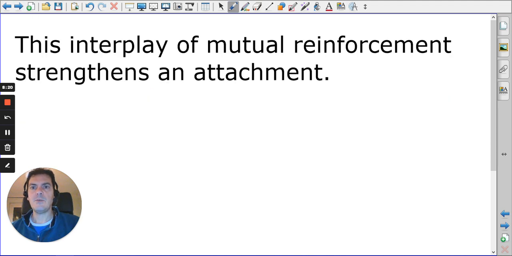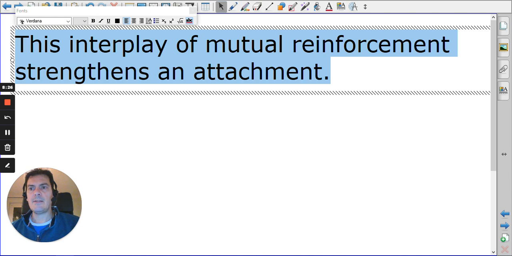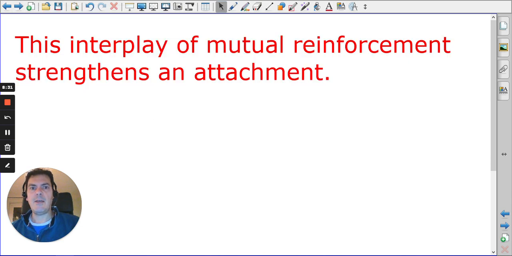So this, once again, is the important statement that we need to look at: if we don't talk about some form of attachment, we haven't answered the question. It says the interplay of mutual reinforcement strengthens an attachment bond. Every time the mother responds to the child's needs, and every time the child is soothed, there's this interplay between that reinforcement and attachment is formed.